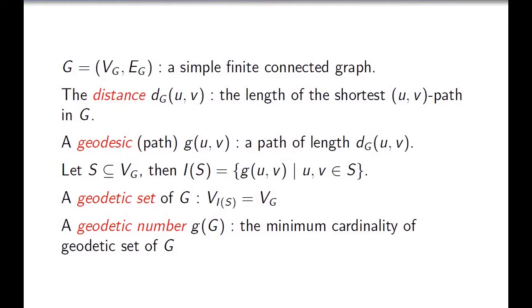Next, let S be a subset of vertices in G. Then I of S is the set of all geodesics between two vertices in S. Finally, a geodetic set of G is a set S such that I of S contains every vertex in G, and the geodetic number g of G is the minimum cardinality of a geodetic set of G.